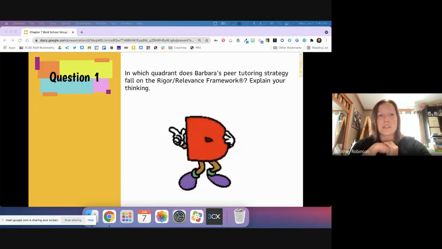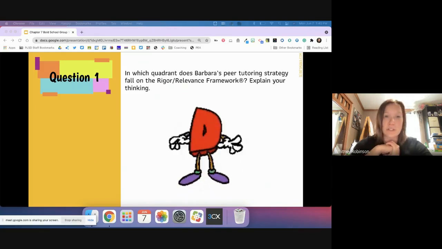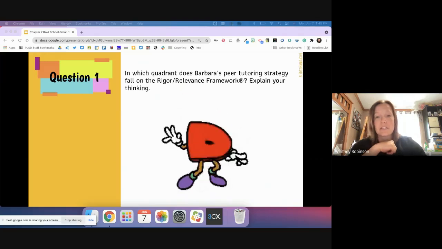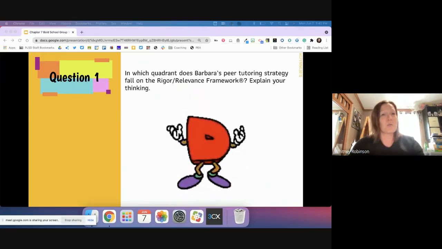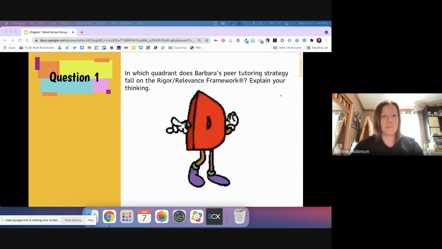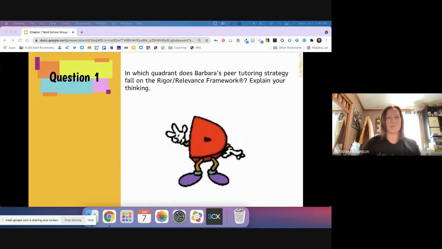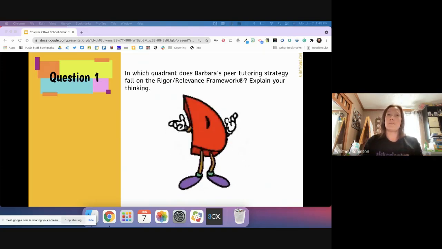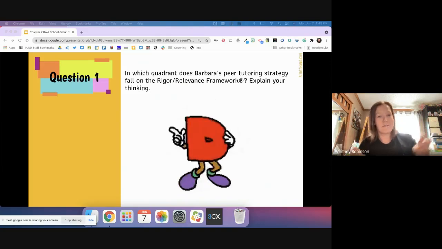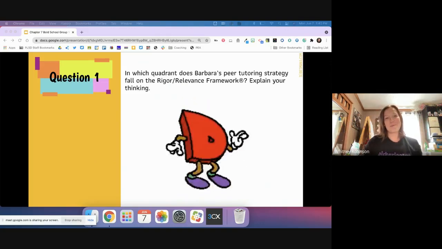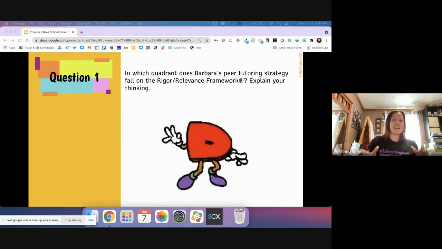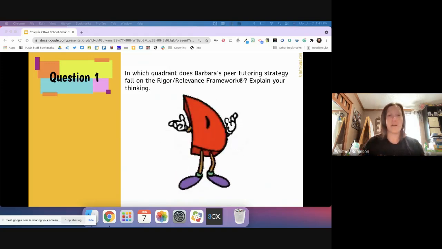So just a simple video conferencing tool took it up to quadrant D. And what that means is that the kids were having conversations with each other, and they had certain parameters like vocabulary or conjugated verbs, right? Because we all remember that. And they had to work them into their conversation.